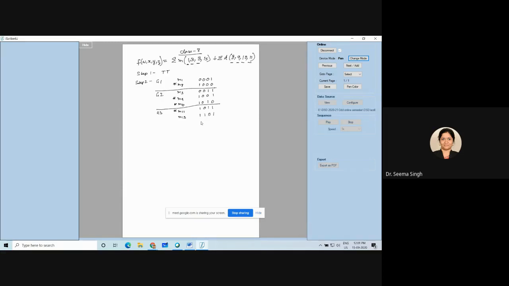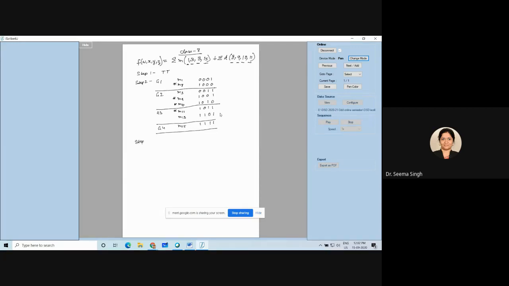So group 3 has 3 ones in its term. So this is your group 3. Coming to group 4, it has only M15, which is your normal term, and it is having 1111. And this completes your grouping, and this completes your step 2.